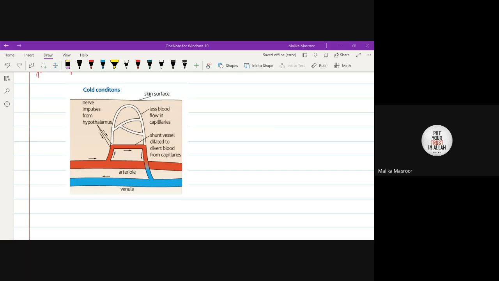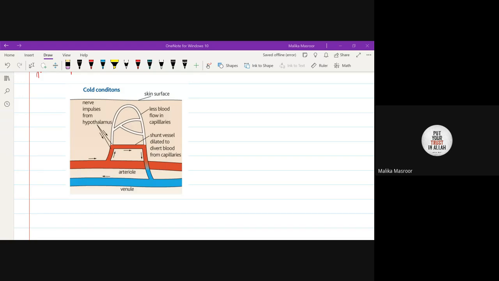Why is that? Because we need the heat to escape, right? So vasodilation takes place. The capillaries are dilated. But in winters or in cold conditions, obviously we need the heat. We have to conserve energy, conserve heat as well. So that is done by bypassing the blood. It's not flowing near the surface of the skin, it's just flowing under it, going through the shunt vessel directly from arteriole to venule, bypassing the capillary.